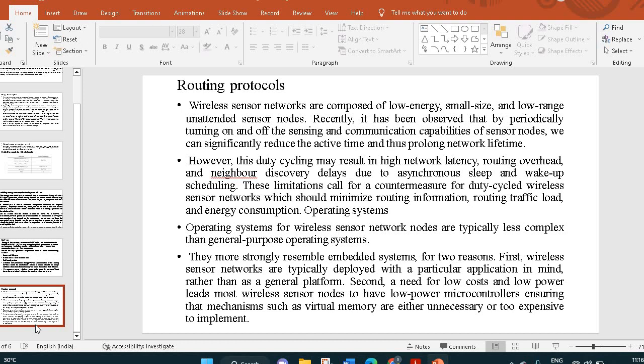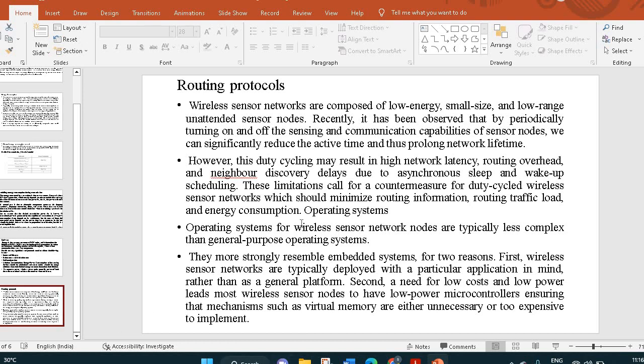However, this duty cycling may result in high network latency, routing overhead, and neighbor discovery delays due to asynchronous sleep and wake up scheduling. These limitations call for a countermeasure for duty cycled wireless sensor networks, which would minimize routing information, routing traffic load, and energy consumption.